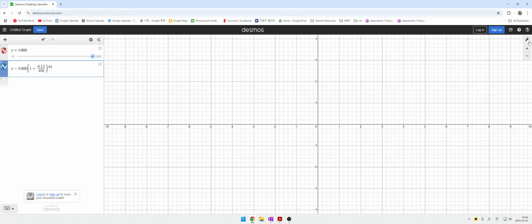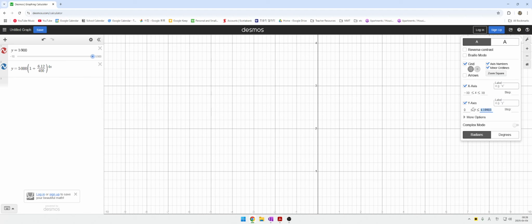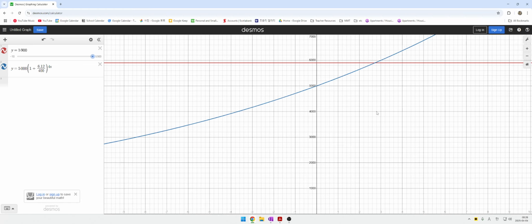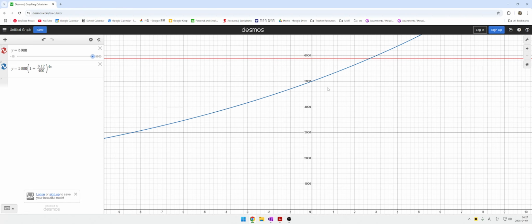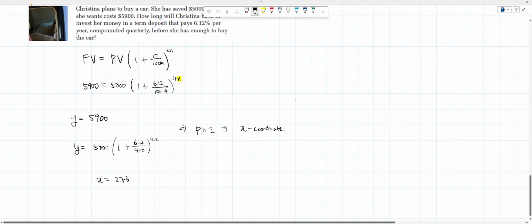Right now I don't see anything. Let's put the y-axis going from 0 all the way up to maybe $7,000. Now I see the two graphs and the point of intersection. The intersection happens at approximately 2.73. So x is approximately 2.73.